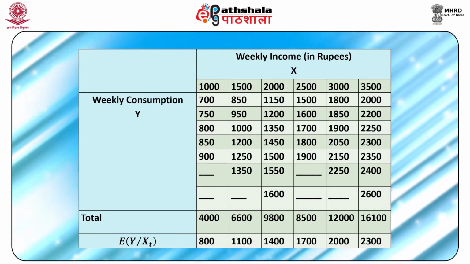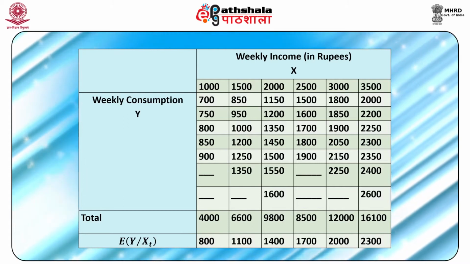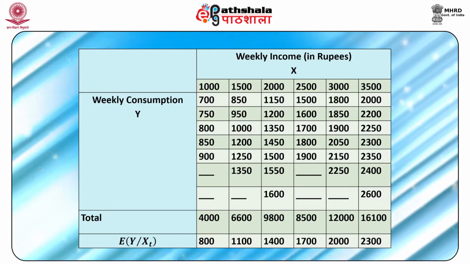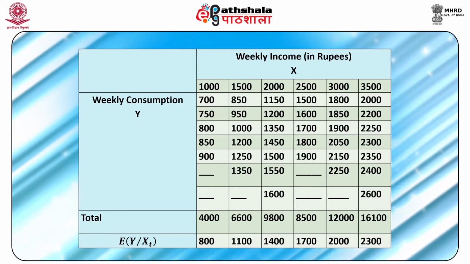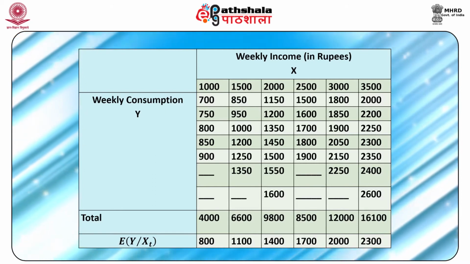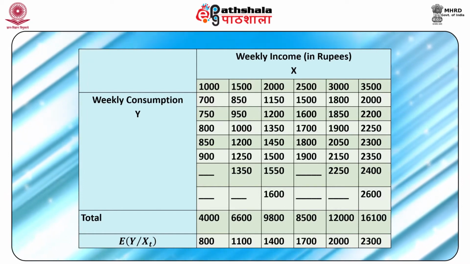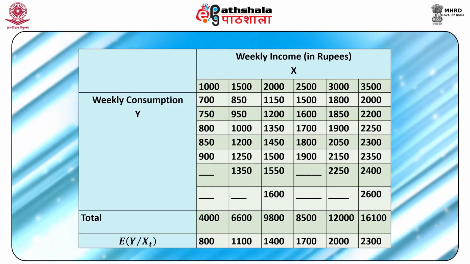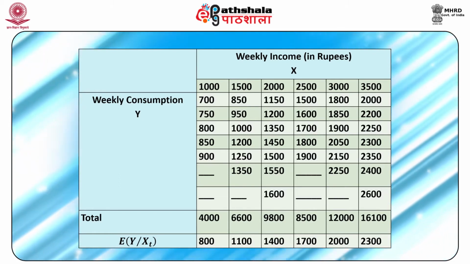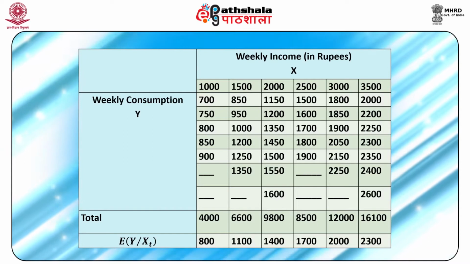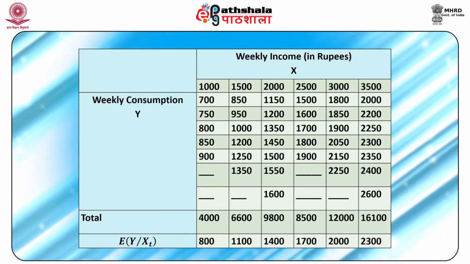And if you look at the total, then we have the total weekly consumption of all the households with that particular level of income, say for example 1000 to 3500. But if you look at the last row, we have the expected value of consumption given a particular level of income.